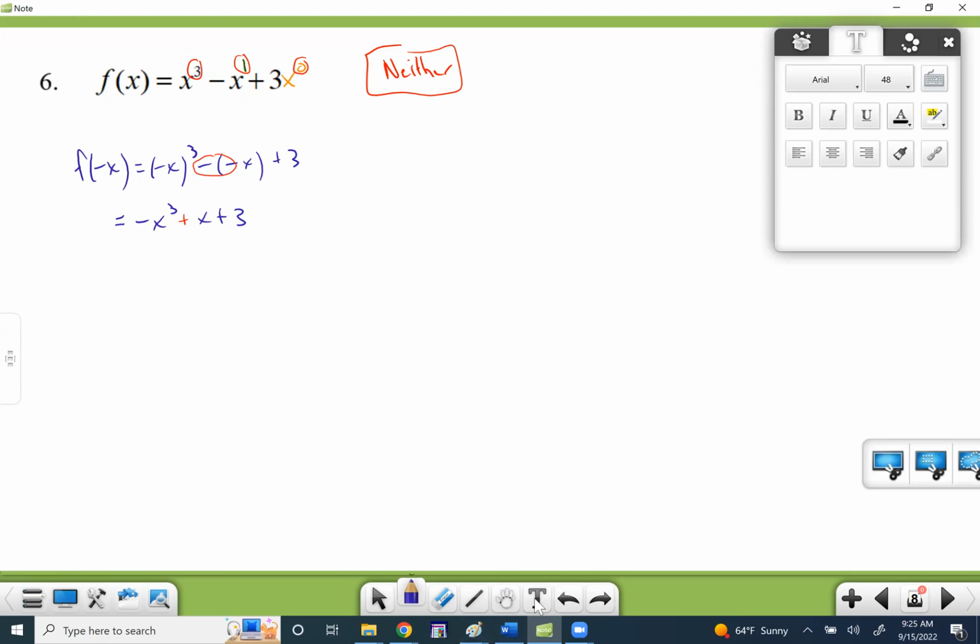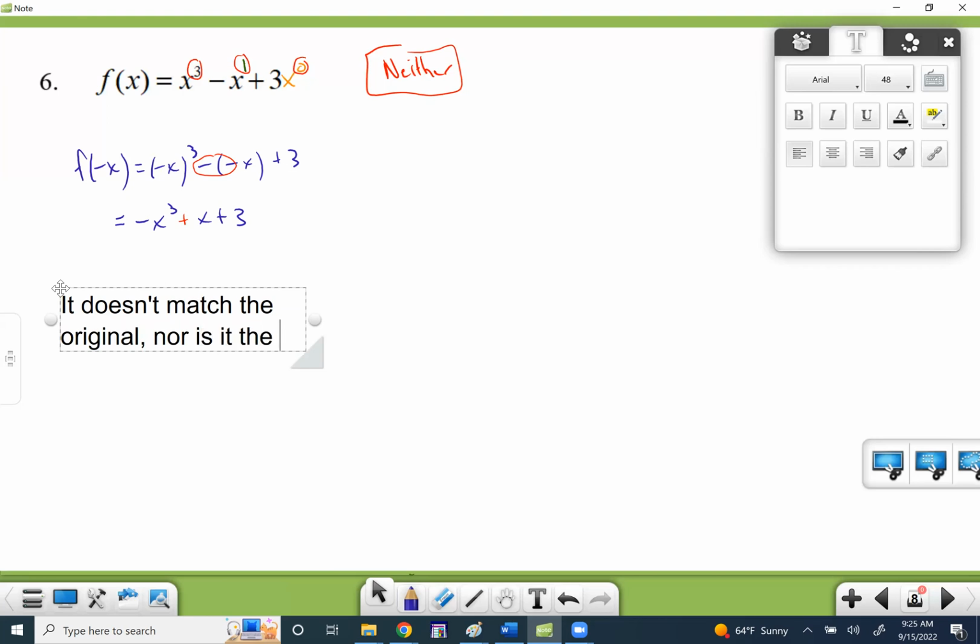Let's type that out. It doesn't match the original, nor is it the exact opposite of the original.